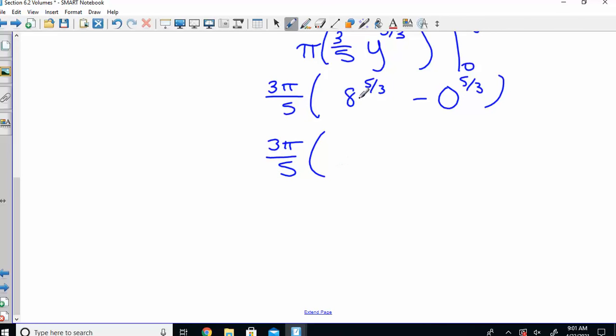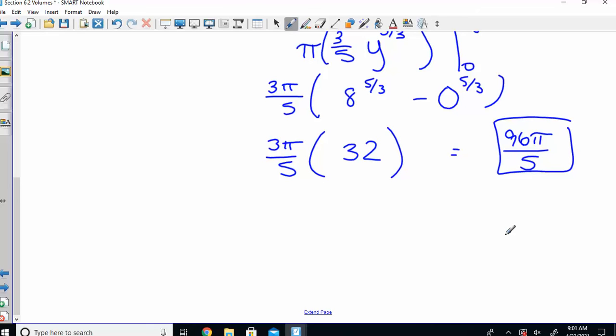That means the cube root of 8, which is 2, to the 5th power, which is 32. Cube root of 0 is 0, to the 5th is 0. So we get 96 pi over 5. Questions there?